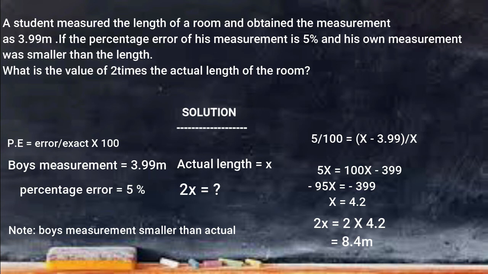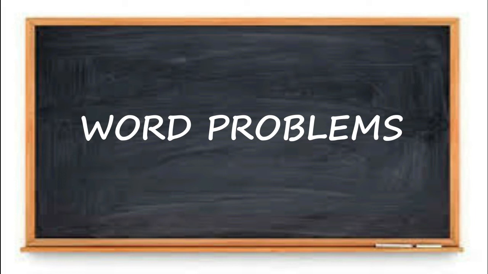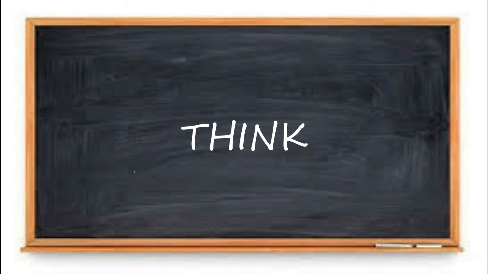But what if these 3 tips seem not to solve your problem? The truth is, some word problems can really be extremely difficult, and there's just one solution to that, which is your ability to think.